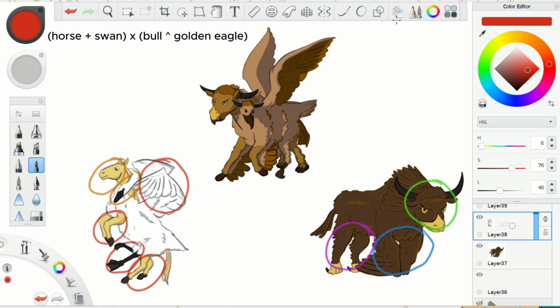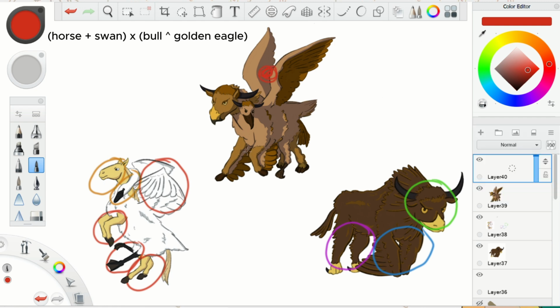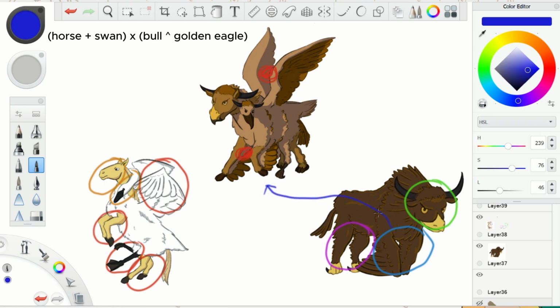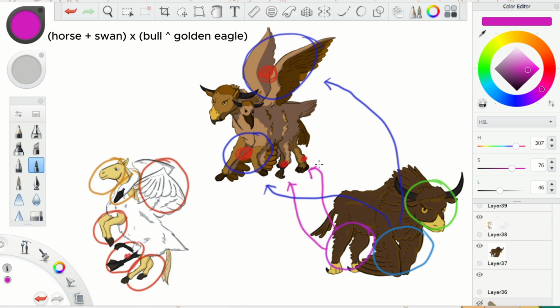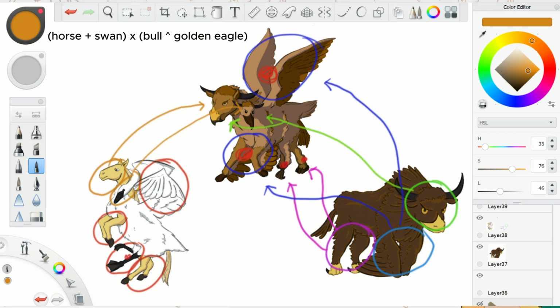I basically multiplied the 2 front pairs of legs with the first pair of legs of bull eagle here, while the 2 back pairs were multiplied with the back legs of bull eagle. As you can see, the heads, I distributed the bull raised to golden eagle head to the separate horse and swan heads. So the 3 heads will never become 1 in multiplication in this case. If you want that to happen, there is division for that in the future.